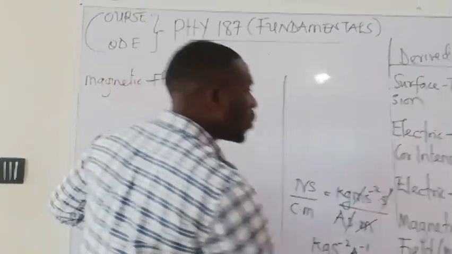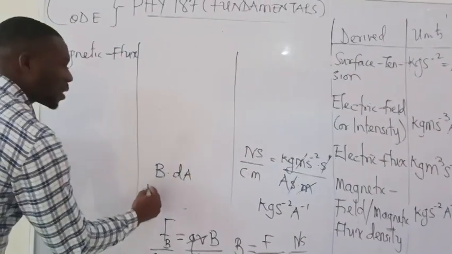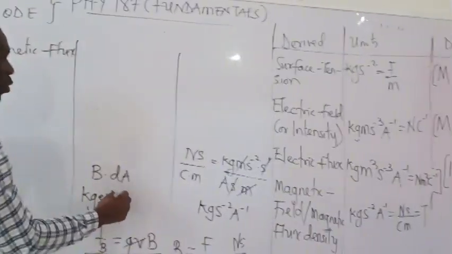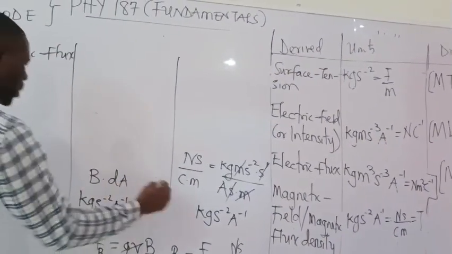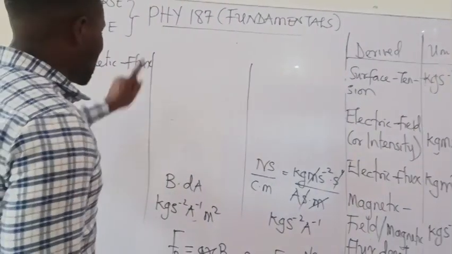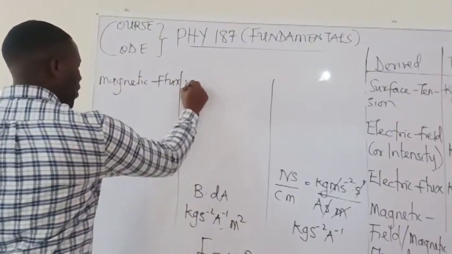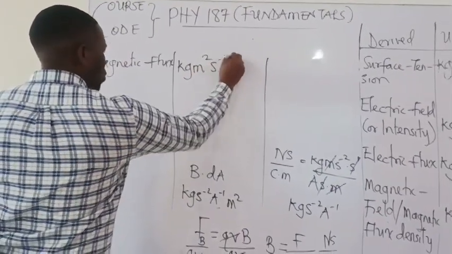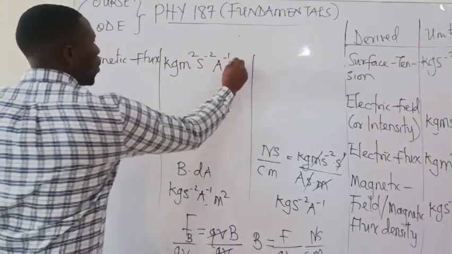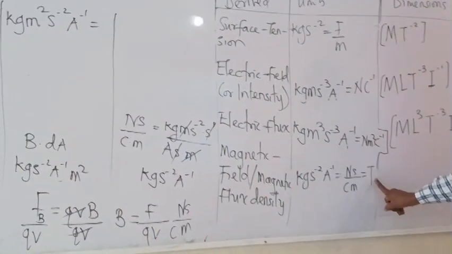Magnetic field, we've seen in terms of its SI equivalent, is kilogram second raised to power minus 2 per ampere, and of course area is in square meter. So if we define magnetic flux in terms of its SI base equivalence, we get kilogram square meter second raised to power minus 2, then per ampere, or we could simply say it is Tesla meter squared.